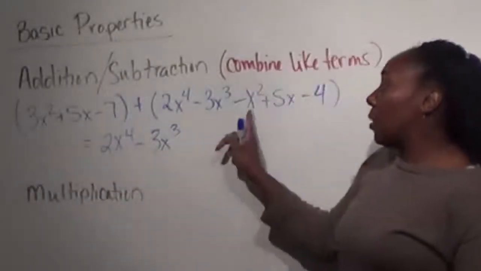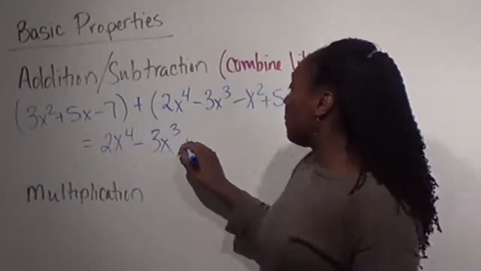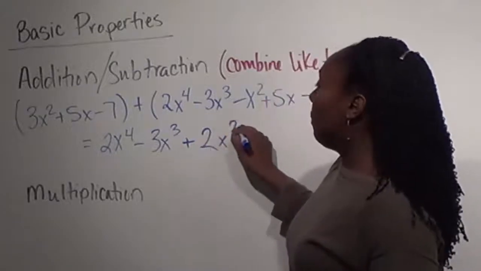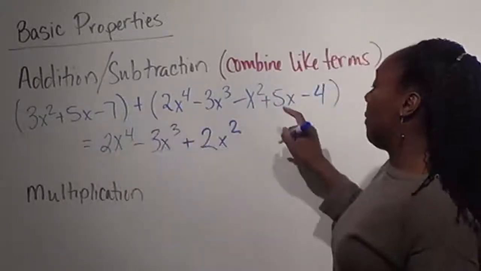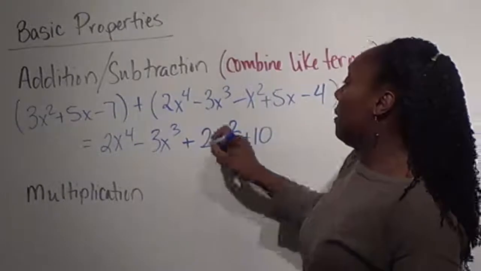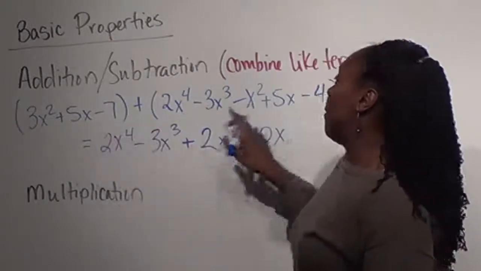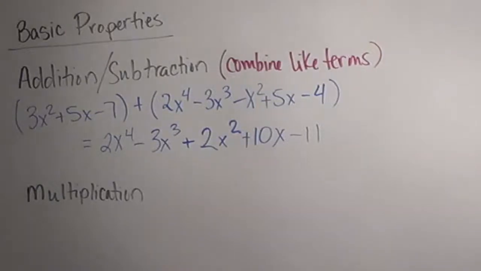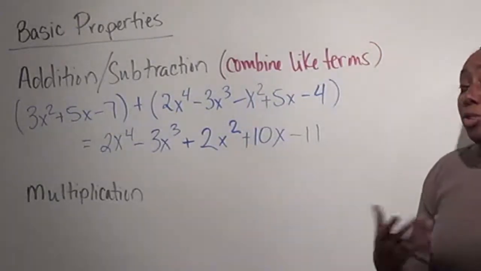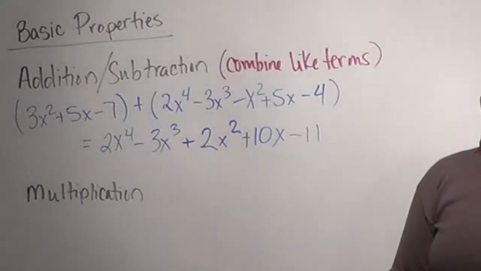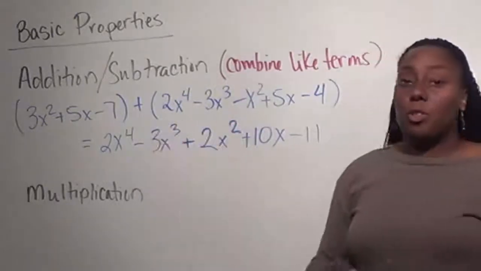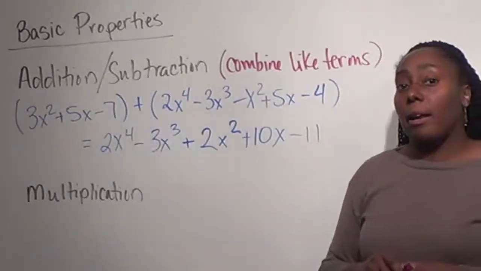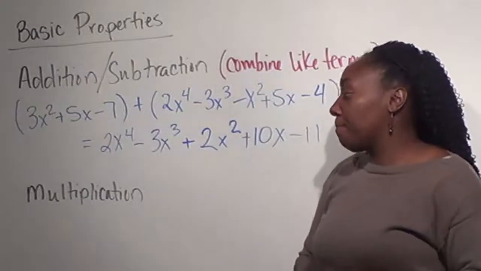So 3 of those plus a negative 1 of those, looks like 2 of them. 5x plus a 5x looks like a 10x. And then negative 7 plus negative 4 looks like negative 11. So there's how I would go about adding or subtracting two polynomial expressions. I'm just going to find the common terms and group them together and perform the operation.